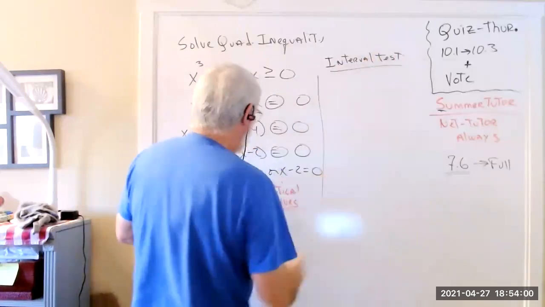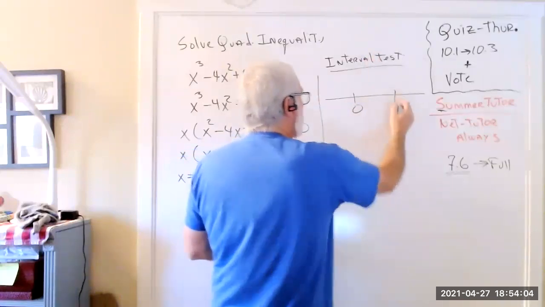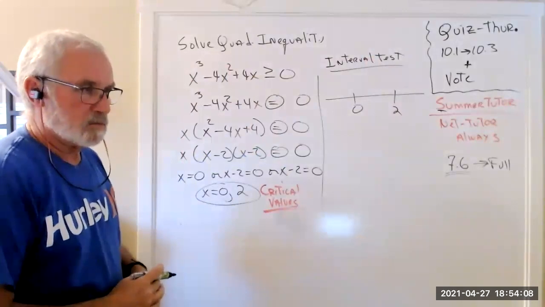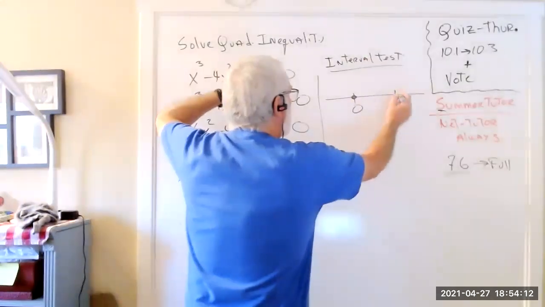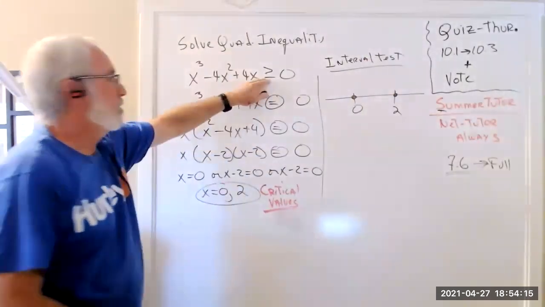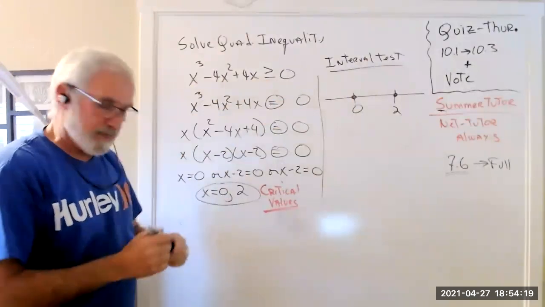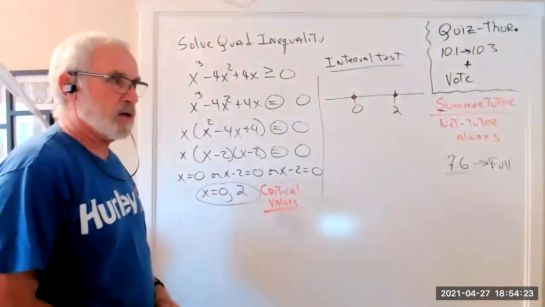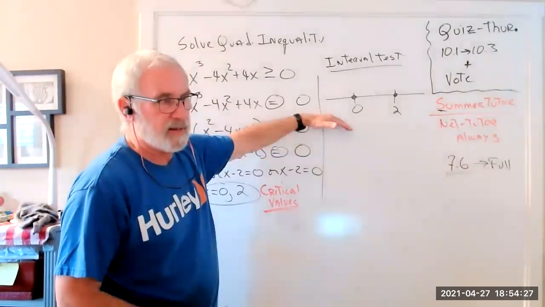What we do is we put on a number line the critical values, 0 and 2. Then because it was equal, we use solid dots. And this is what I didn't see people doing. I didn't see this number line. I saw some work.